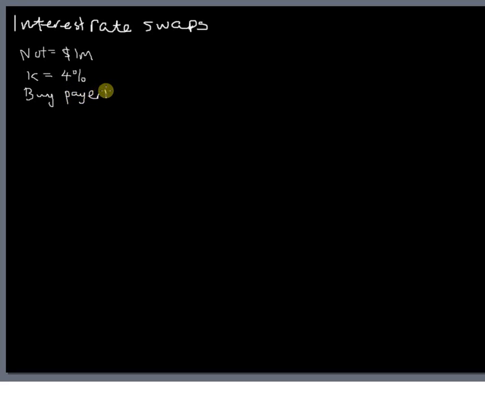What this means is, when you buy a payer IRS, we are going to pay a fixed rate, which means that we'll be receiving float from the other counterparty. So let's assume that we have 2 more years left to maturity, and that it's a semi-annual payment.